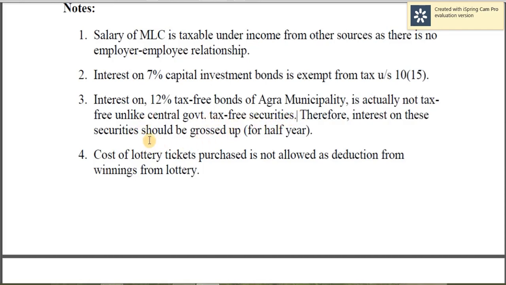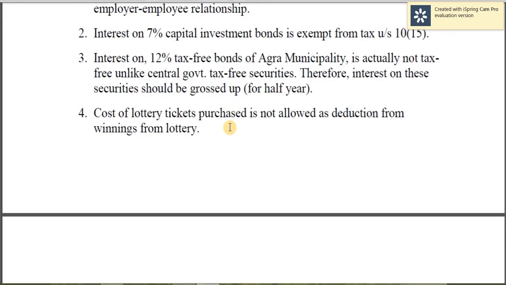Therefore, interest on these securities should be grossed up. Of course, for half year, since we sold it on 1st of September. Cost of lottery tickets purchased is not allowed as deduction from winning from lottery.